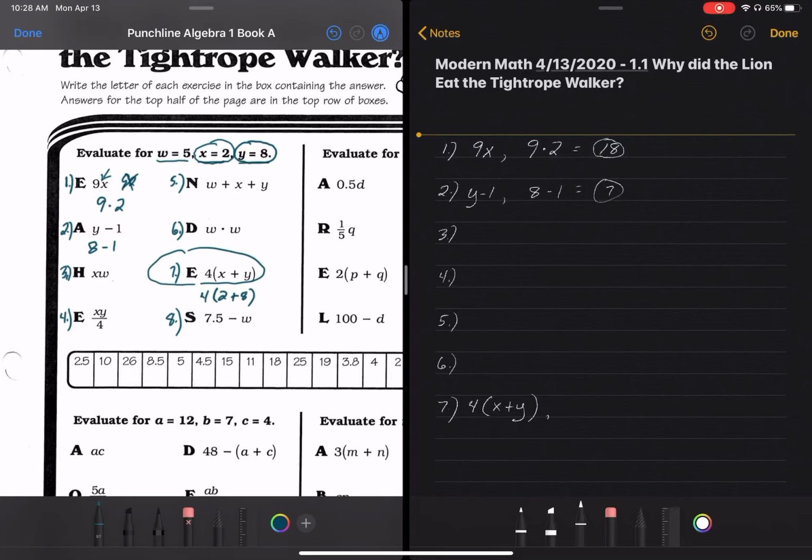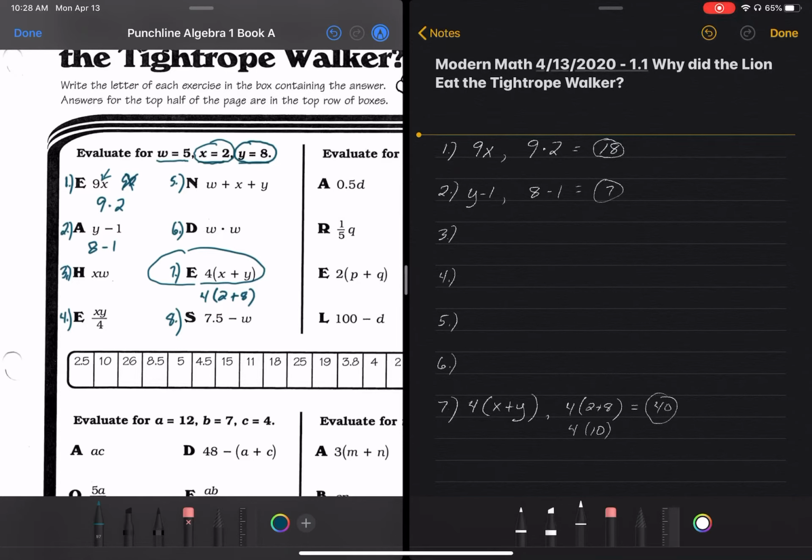Over here on the right, 4 parentheses, 2 plus 8 parentheses equals. Okay, let's do a little math. Order of operations says I do the inside of it first. So 2 plus 8 is 10. And the parentheses mean multiply. So 4 times 10 is 40.